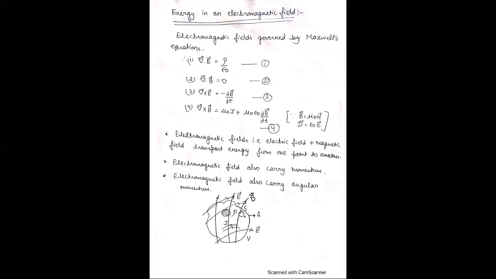Here, consider a volume V enclosed by surface area S, whose unit vector is n unit vector. This is a charge density rho, and this is a current density J. And these lines represent the electric field lines here, and this represents magnetic field lines presented by B, and this is represented by electric field.